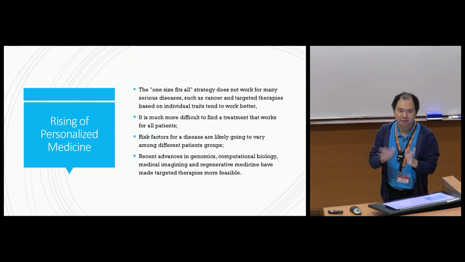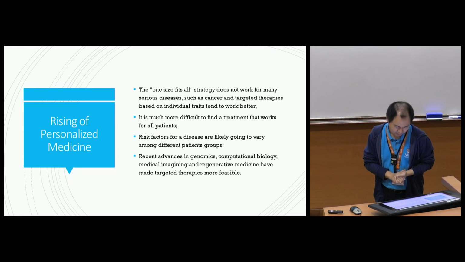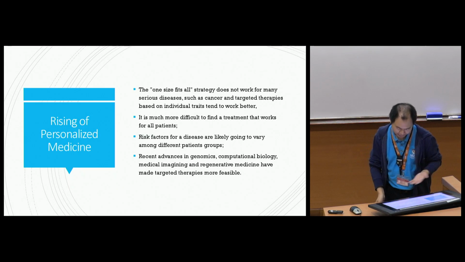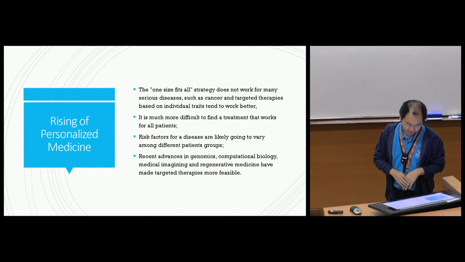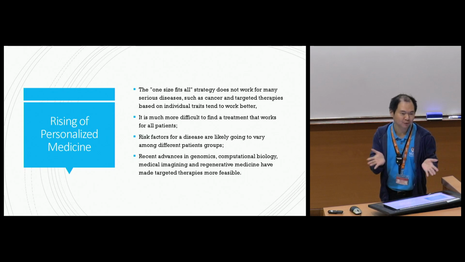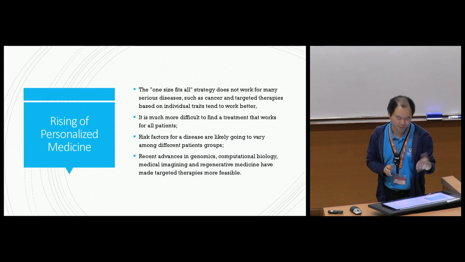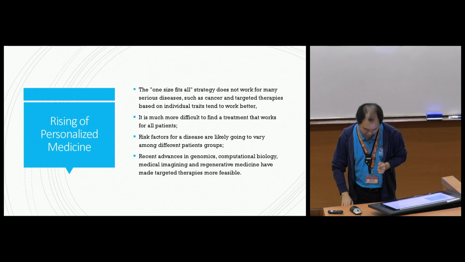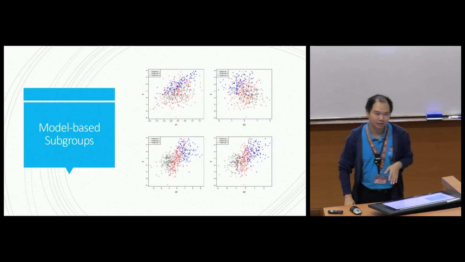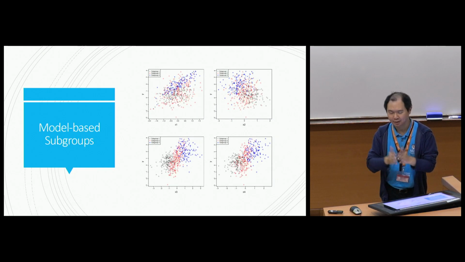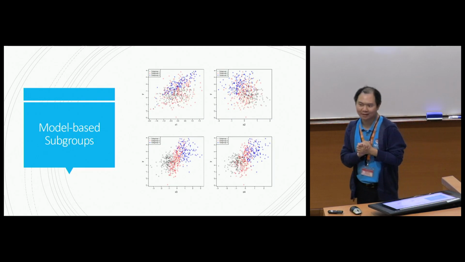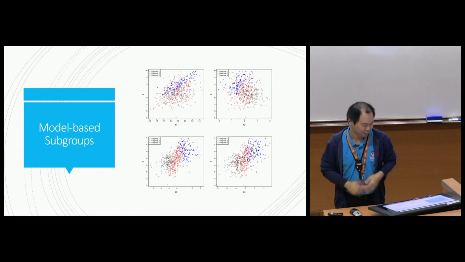This makes all this kind of applied research or targeted therapy more feasible. Once people are grouped into different subcategories, then you can provide more specific treatment to them. So if you can find the subgroups, then you have found a meaningful way to do personalized medicine.